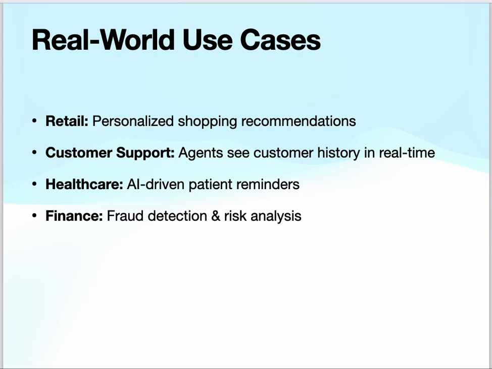So for example, in the retail industry, you can personalize shopping recommendations based on their browsing history, because you can ingest this data that is coming from maybe Adobe Analytics or some other web analytics tool, and have this as a data stream into Data Cloud, and you're able to build the customer profile and be able to utilize the AI.